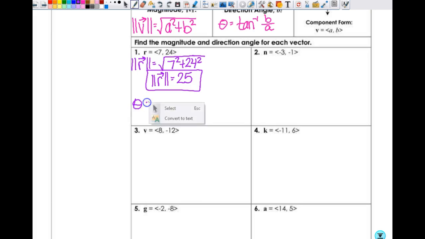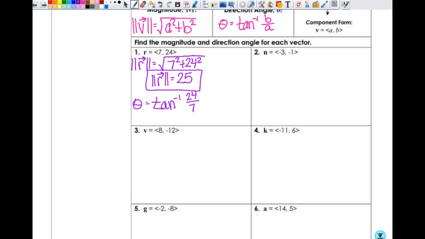Then theta is the tangent inverse of 24 over 7. This is why I had you get the calculator, because that's not a special angle. We are working in degrees with vectors, so make sure your calculator is in degrees. If it's not, or you're not sure, just do shift, it is shift, right?